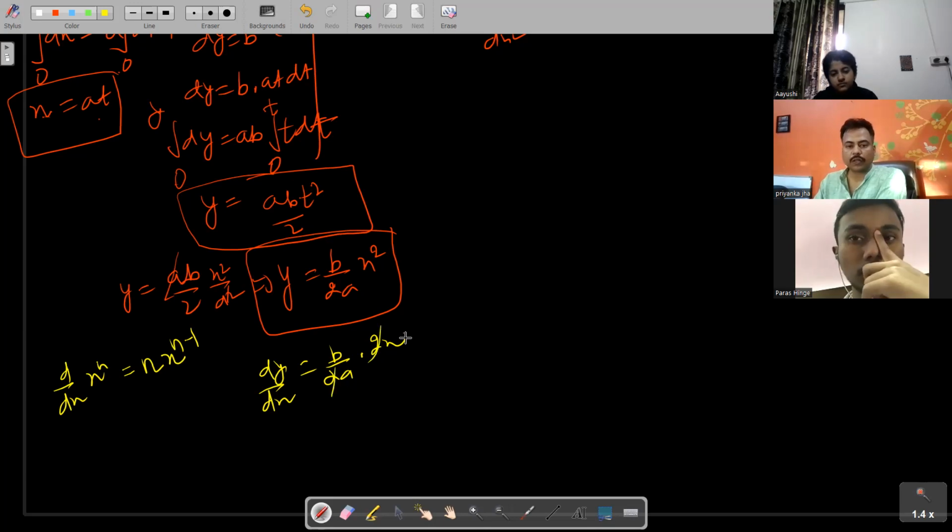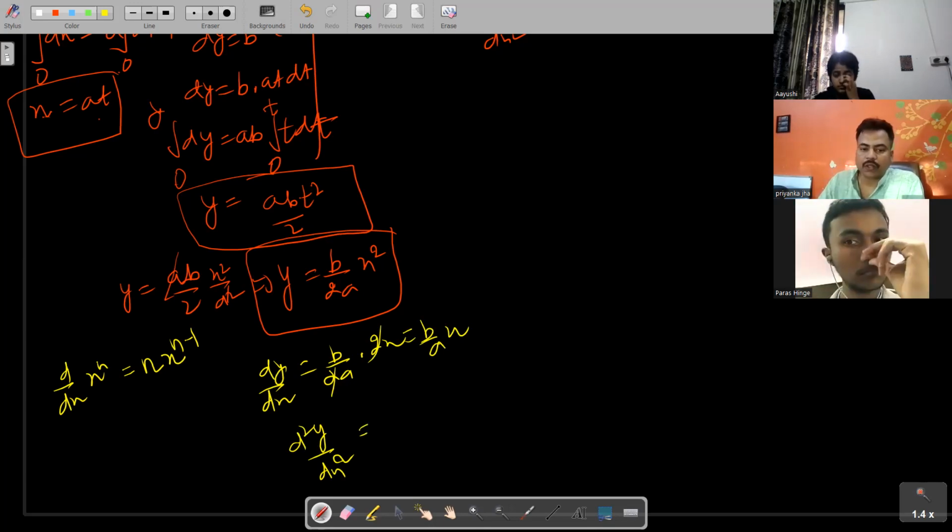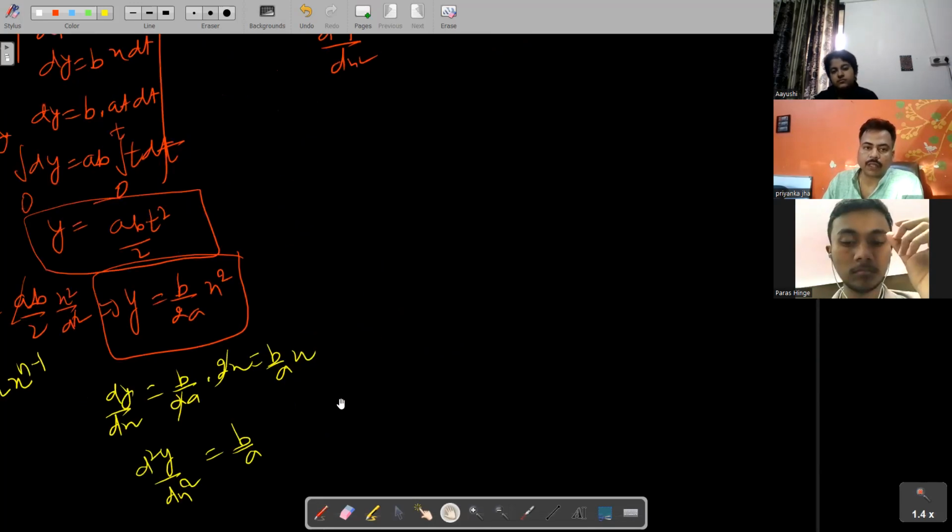So 2 is gone, and we have b by a into x. Again, you have to differentiate for d2y by dx squared, which means the second time you have to differentiate. The first time is this differentiation, and this is the second. So again, b by a is constant, it will come out, and differentiation of x with respect to x is 1.